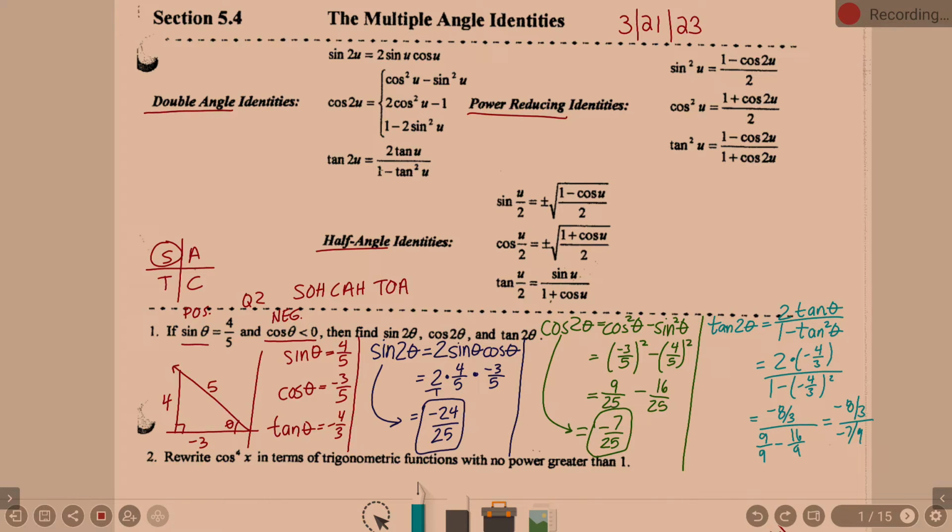Keep, change, flip. We're dividing fractions, so we're going to multiply by the reciprocal. Negative 8/3 times negative 9/7.